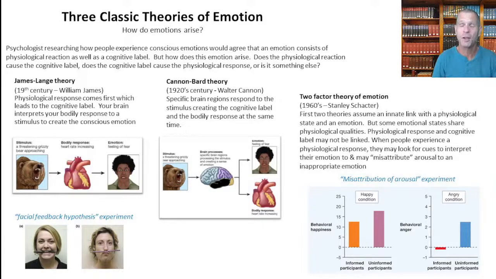So he argued that we interpret our physiological responses and they become emotions. So he would argue, we have the stimulus over here. The stimulus causes your heart to start beating fast. And then your brain interprets that heart beating fast and says, oh, Chris must be afraid. And so that's one way of thinking about the emotional response.